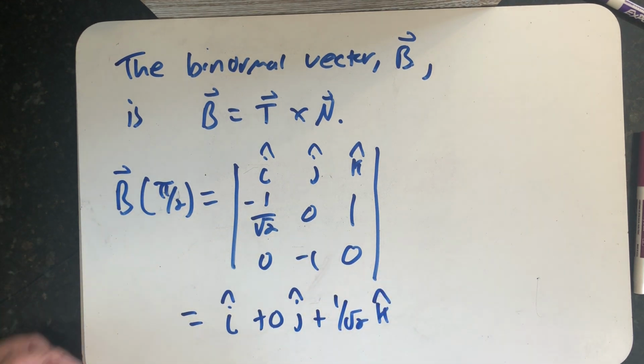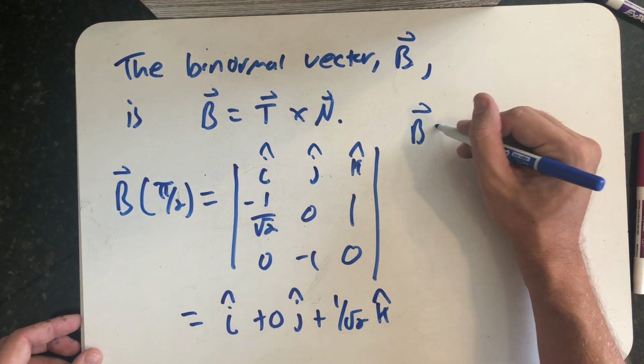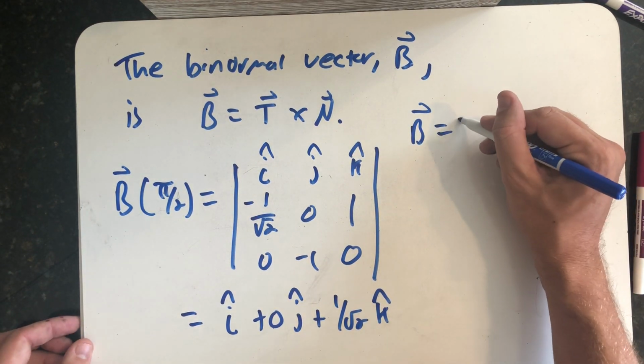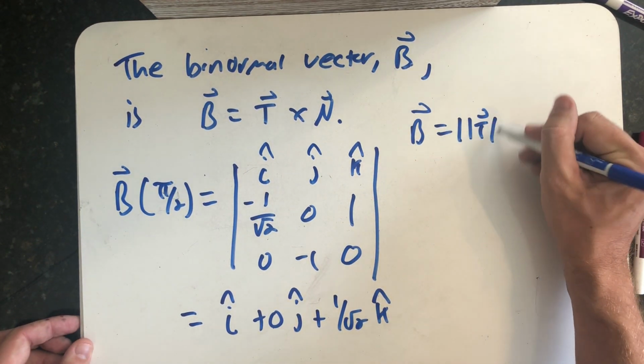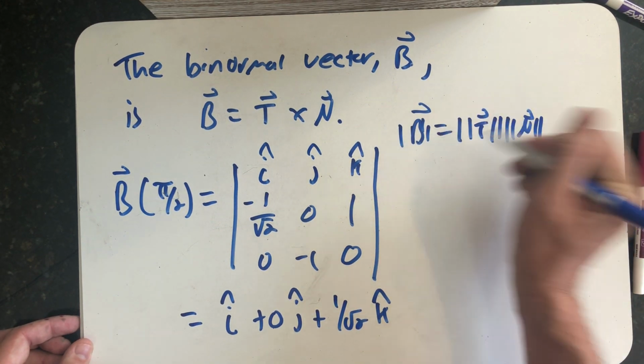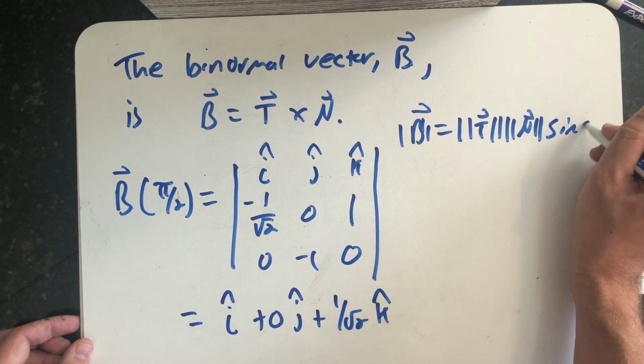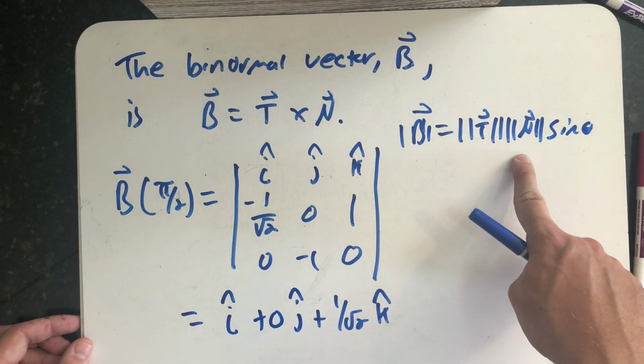And there's my binormal vector, except I've clearly made a mistake because this isn't a unit vector. And the binormal vector is guaranteed to be a unit vector, right? Because the definition tells me that the magnitude of b is the magnitude of t times the magnitude of n times sine of the angle between t and n.